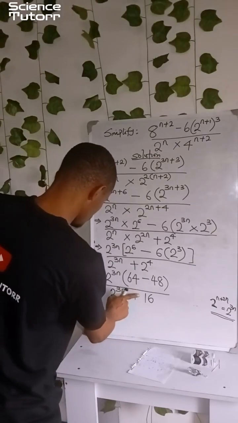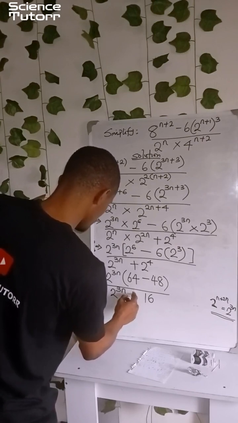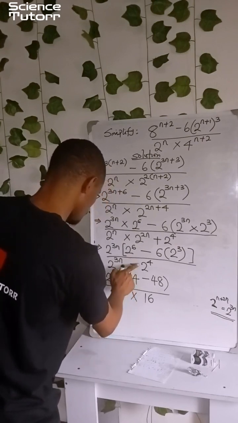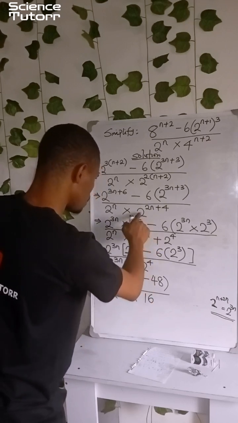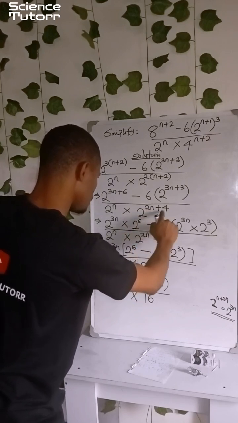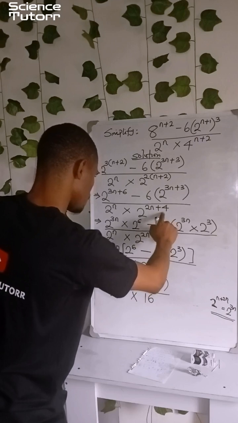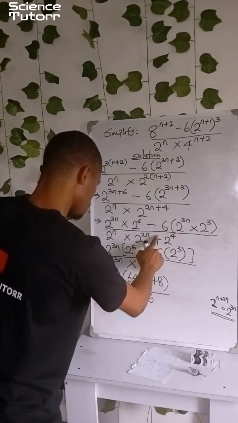Okay, this is a multiplication sign rather. I can still decide to use a bracket, but let's use a multiplication sign, because this takes this, and then this 2 raised to power 4, that is 16. So this is multiplication as well, not plus.